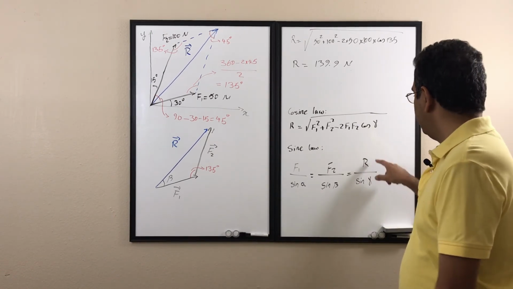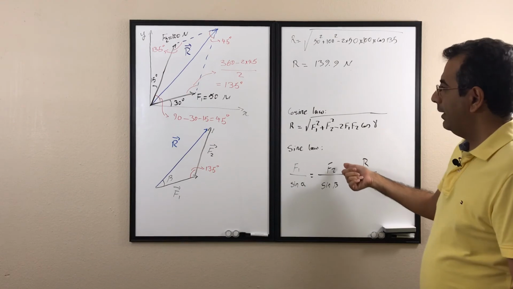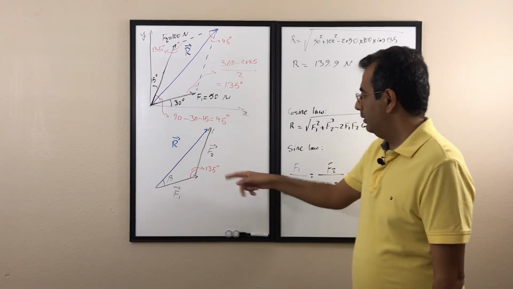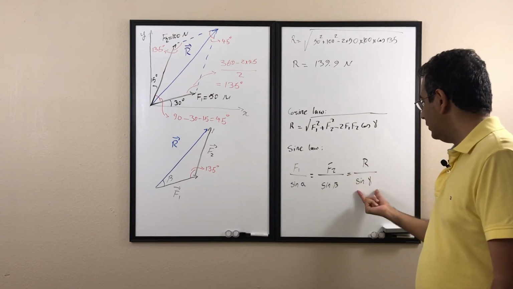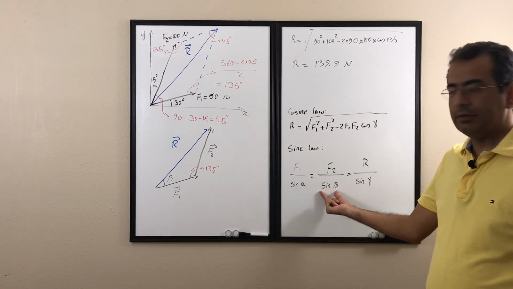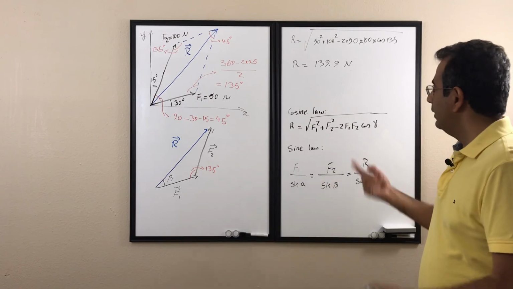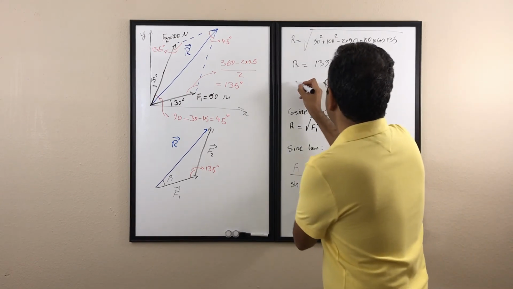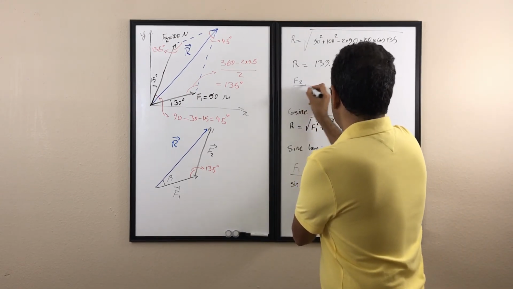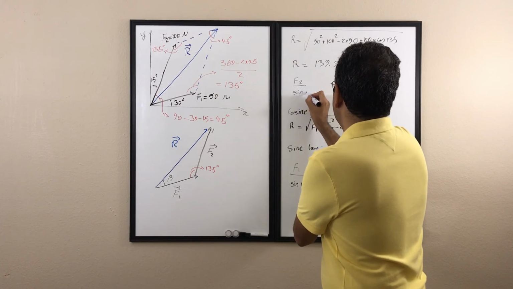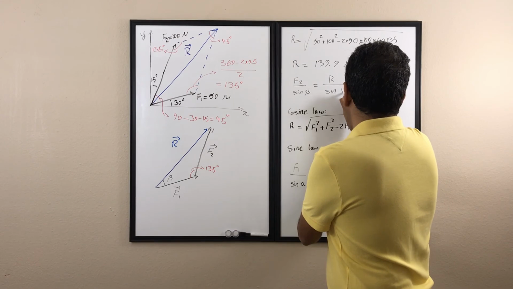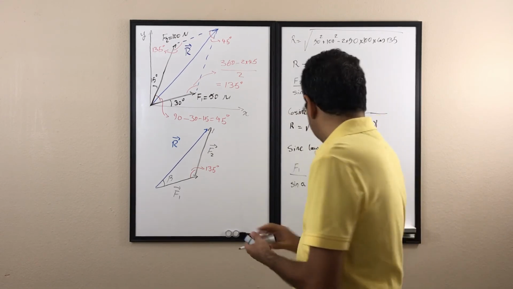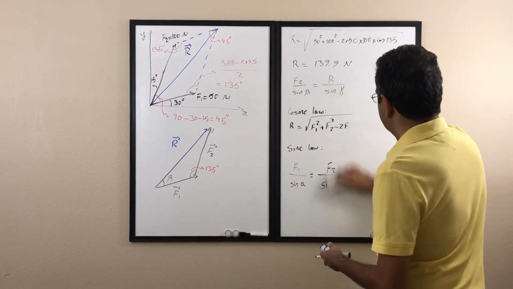In the sine law, we have the F2 magnitude, we have R, we have sine gamma, and we want to find sine beta. So we can just use this part and do the calculation. In other words, F2 divided by sine beta is equal to R divided by sine gamma.